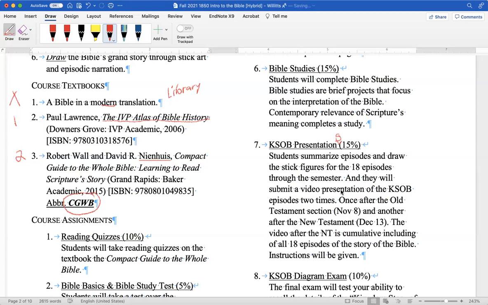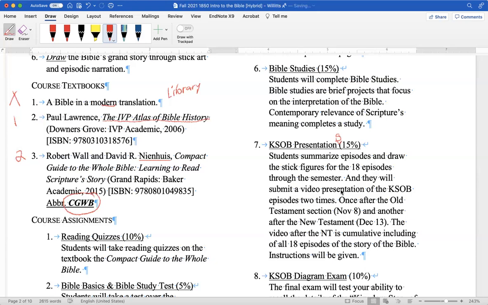The first presentation will comprise about 11 episodes. So in one presentation, you're going to go over 11 episodes. In the second presentation at the end of the semester, it's cumulative, and you have to present all 18 of the episodes of the story of the Bible.